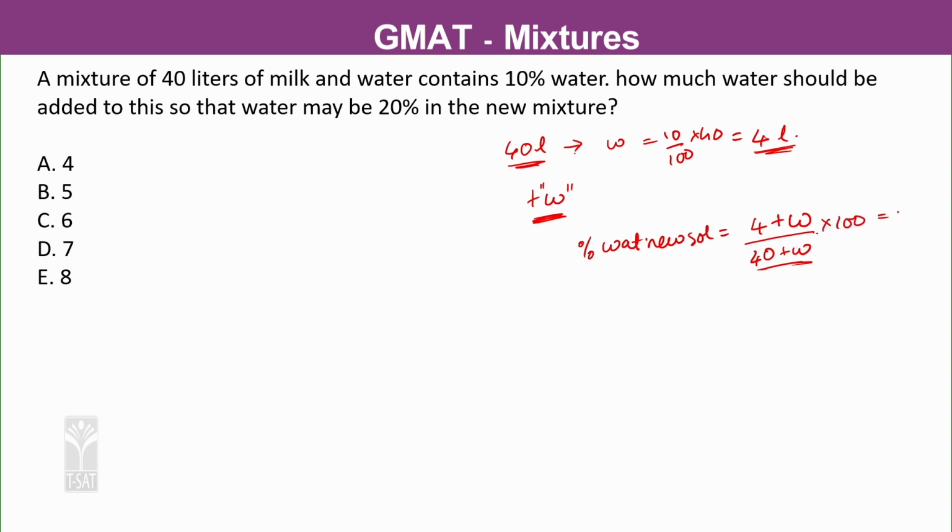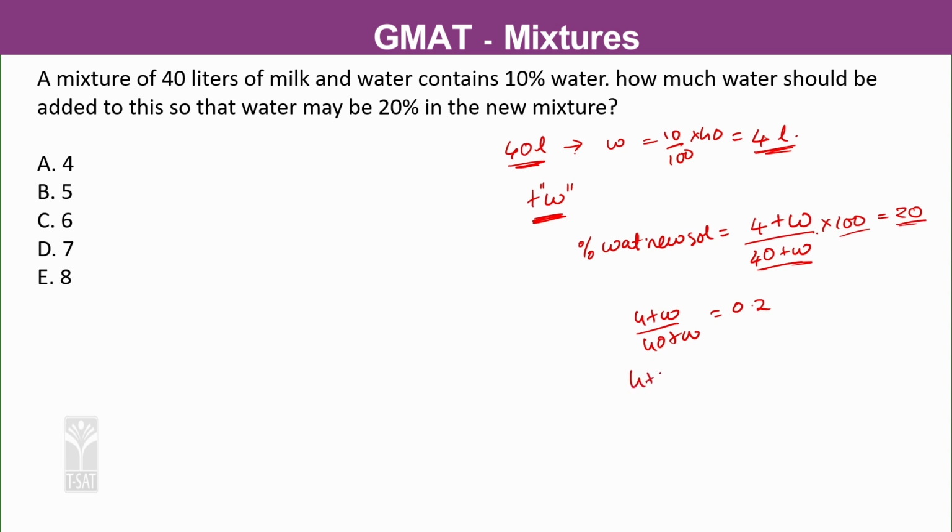You want this to be equal to 20%, that is 20. So, we can say that 4 plus W by 40 plus W is equal to 0.2, dividing by 100 on both sides.